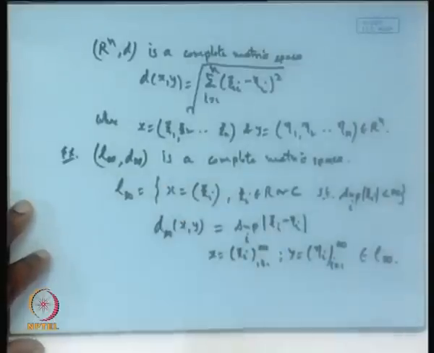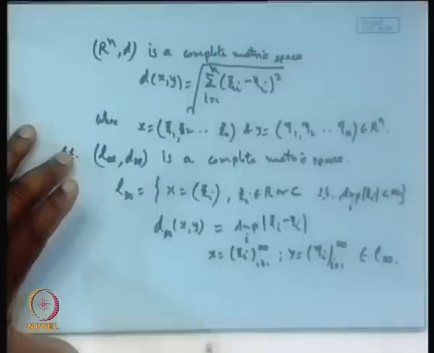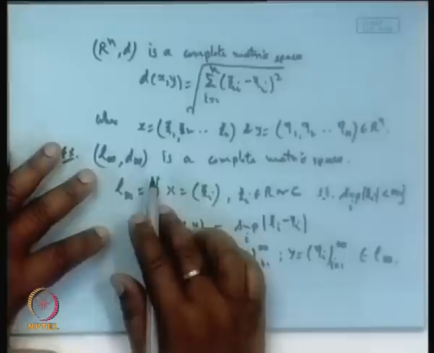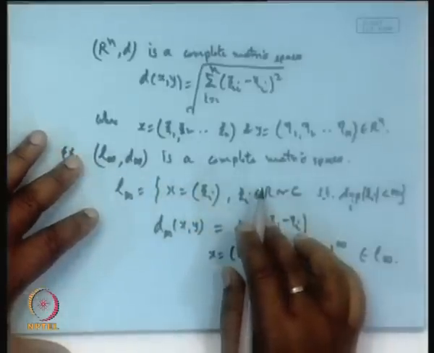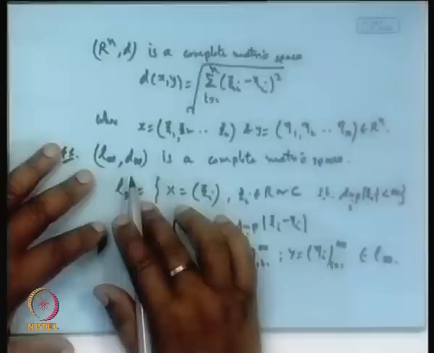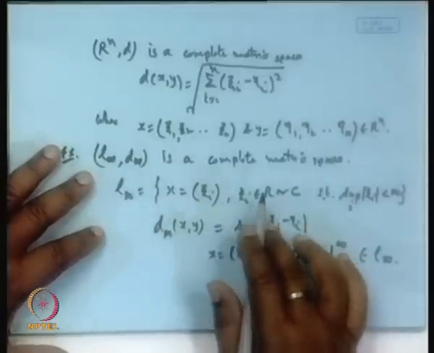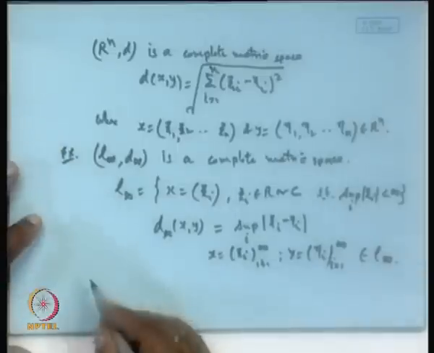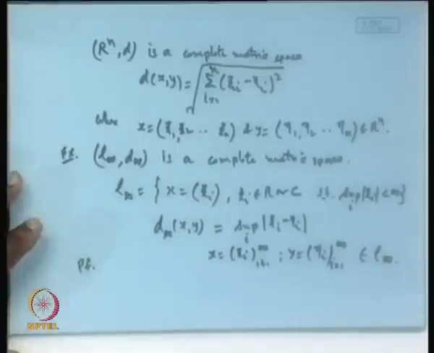We claim that this is a complete metric space. It means if we prove that every Cauchy sequence in L infinity is a convergent one, the limit point belongs to L infinity, and the convergence is in the metric d infinity, then it is a complete metric space. So, the proof goes like this.